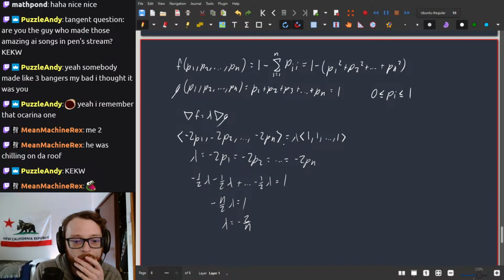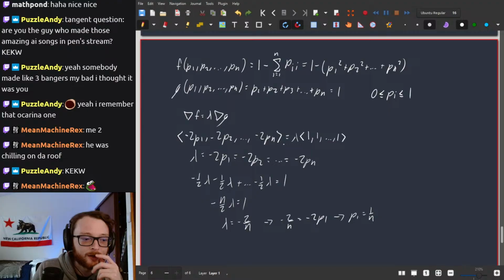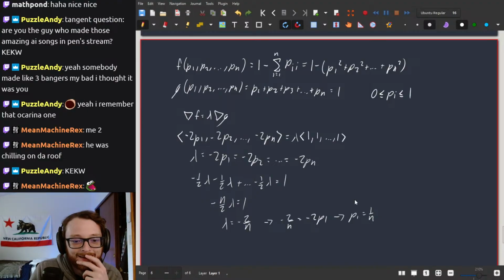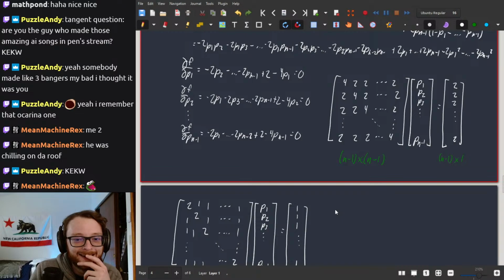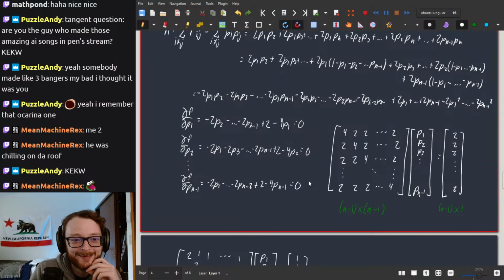So if lambda is minus 2 over n, oh yeah, Ocarina of Time. Hey, listen. Minus 2 over n equals minus 2p1. Oh, this is perfect. Okay. P1 is, that is so much easier. Oh my god. This is way easier than what I did before.